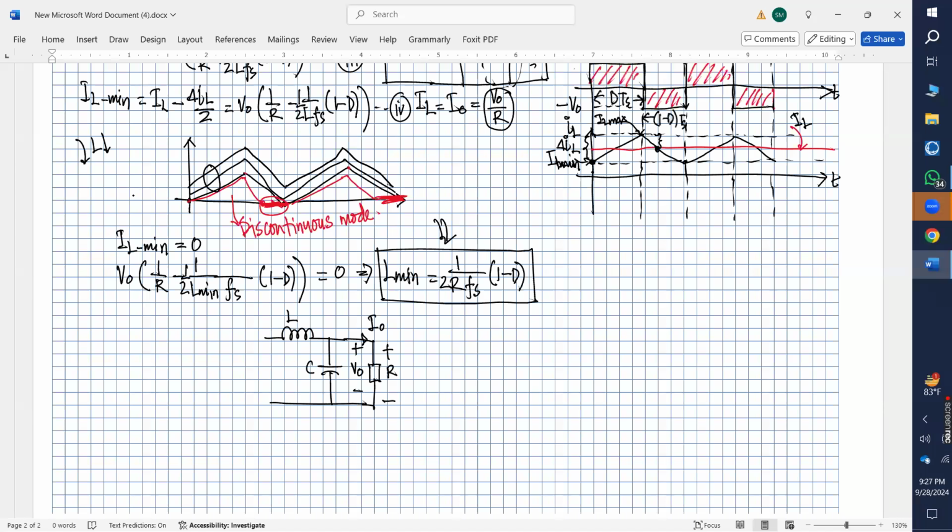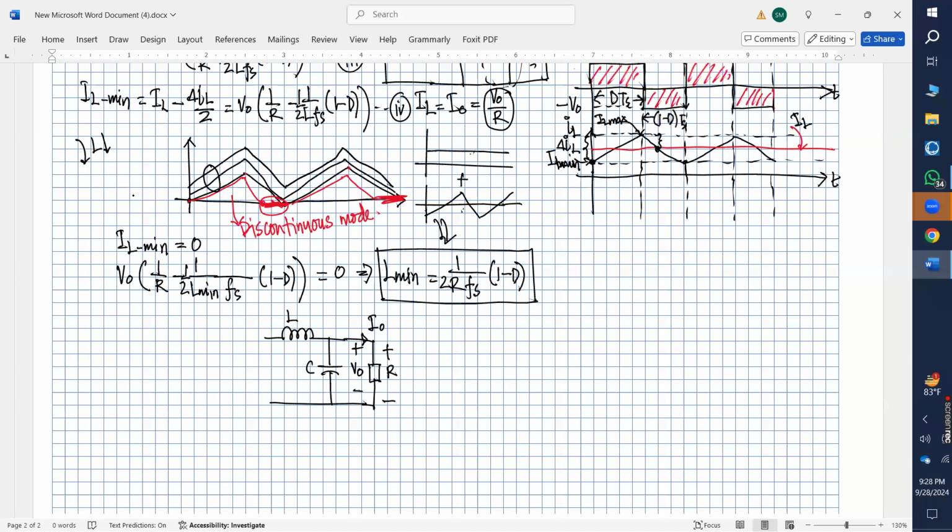From the waveform, your inductor current has a DC value, and you can think of two waveforms: one is the DC value, and if you superimpose an AC current on top of that, these two add up to get this waveform, right?